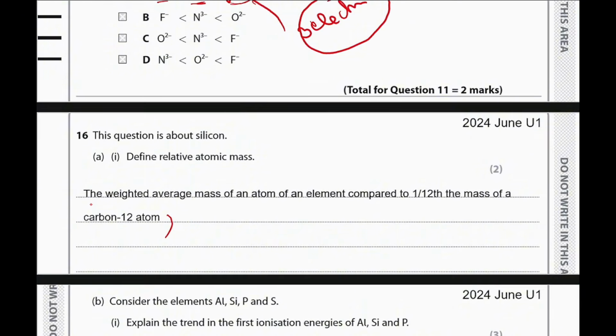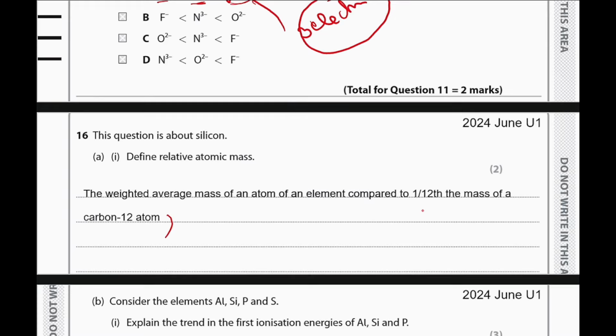So what they're trying to say is that whenever we try to find the relative atomic mass of something, it basically means it is the average mass of that atom. In the case of silicon, the relative atomic mass is the average mass of a silicon atom, and the mass of the atom of the element is always compared to 1/12 the mass of a carbon 12 atom.